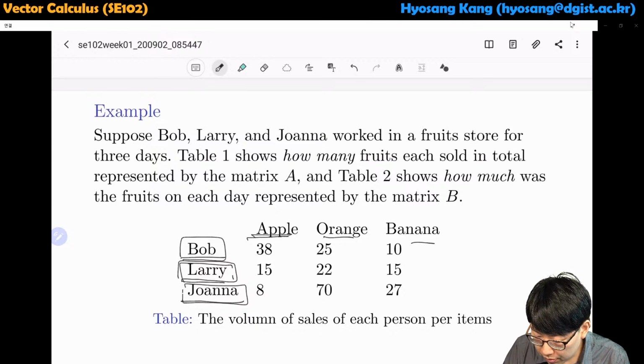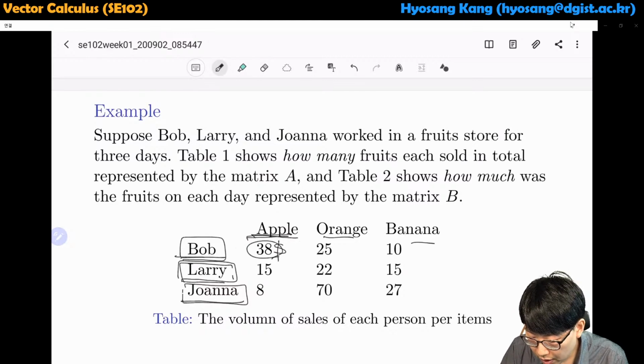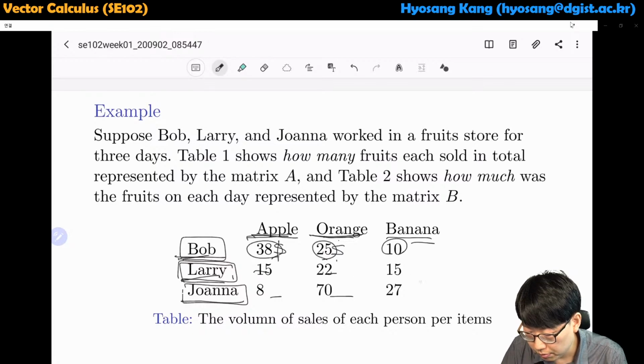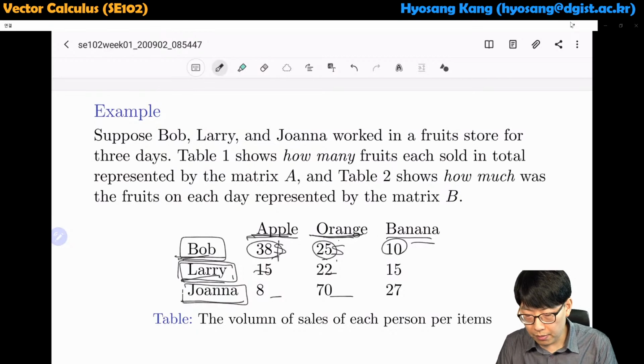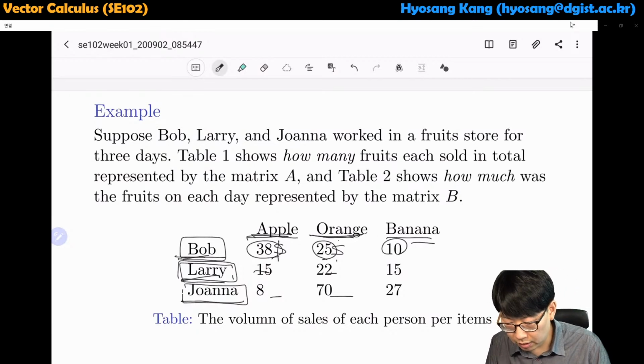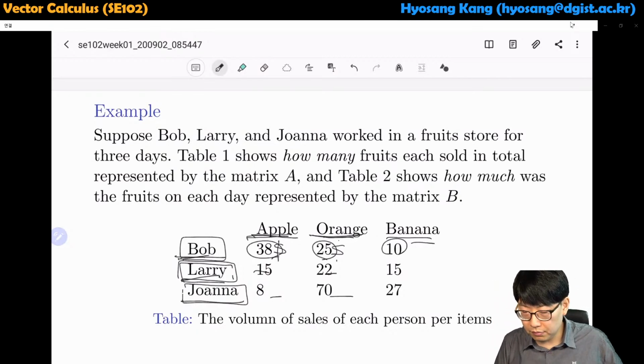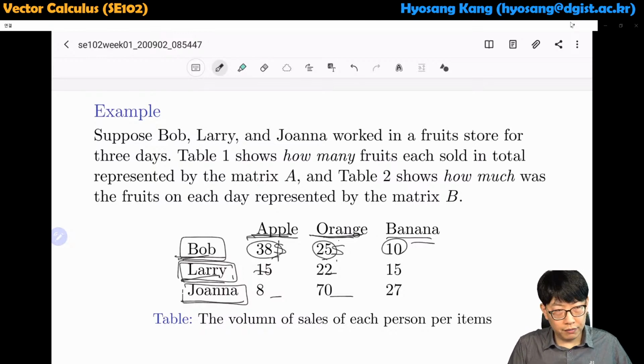So Bob apple 38 means that Bob sells apples at a price of $38. Okay, and also Bob orange 25 means that Bob sells oranges at $25 and bananas for $10. And Larry does similar things. Maybe because Bob, Larry, Joanna are selling these fruits in different sizes. I don't know, but anyway, there are different prices.